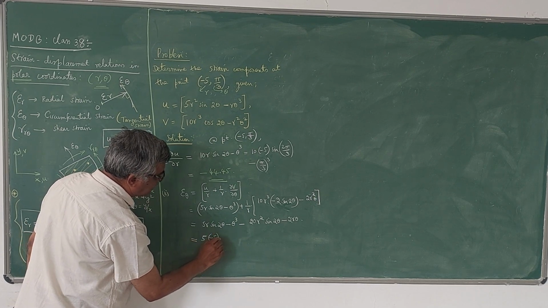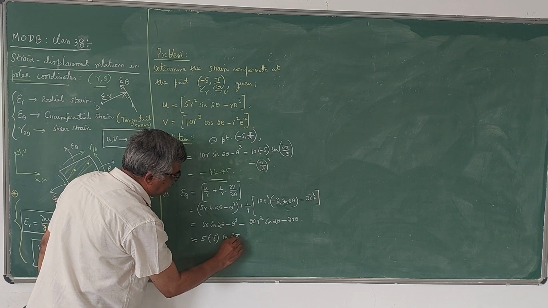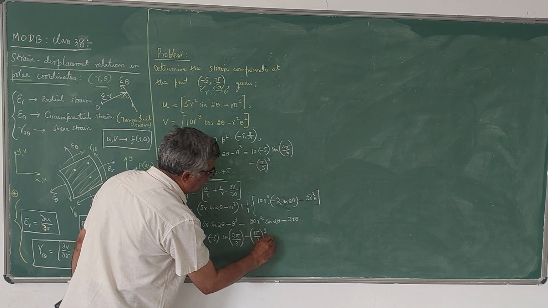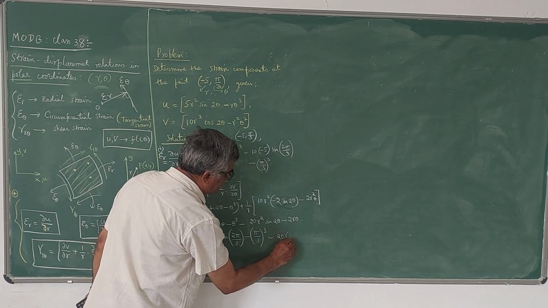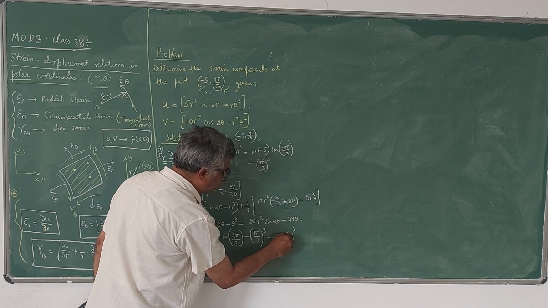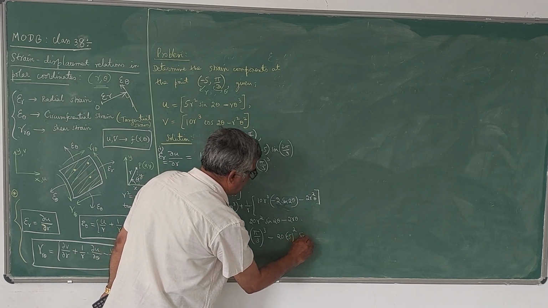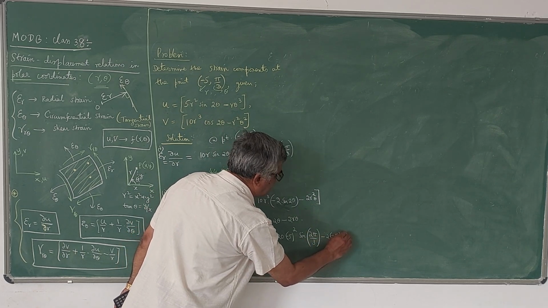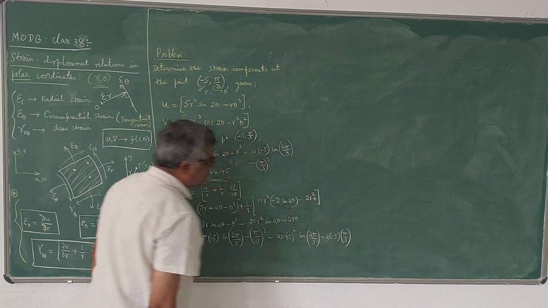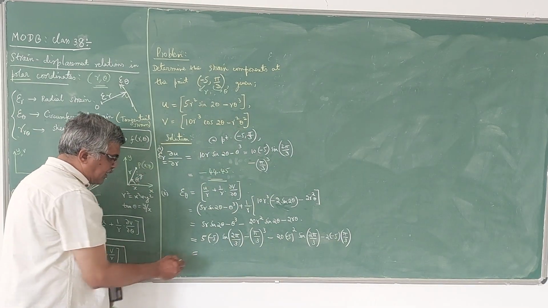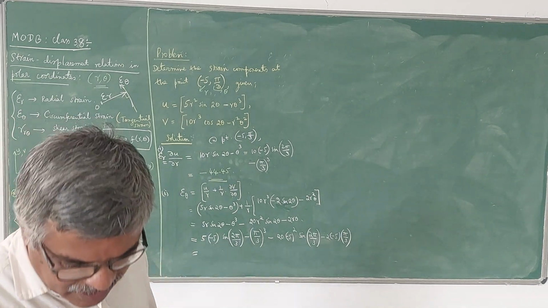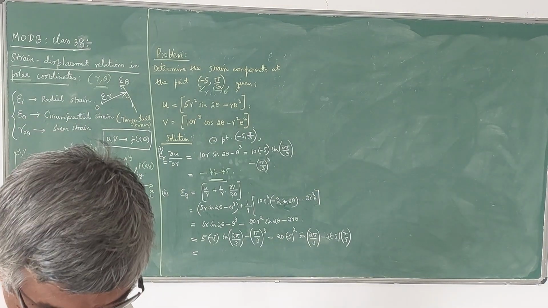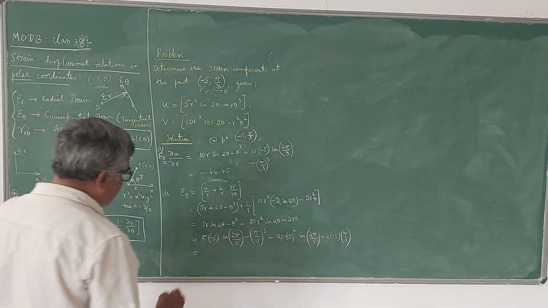So this is minus 5 into sine 2 pi by 3 minus pi by 3 cube minus 20 into minus pi square into sine 2 pi by 3 minus 2 into minus 5 into pi by 3. So this is the simplification. If you use the calculator in radian mode, the value of circumferential strain or epsilon theta is minus 445.34. Please check the answer.